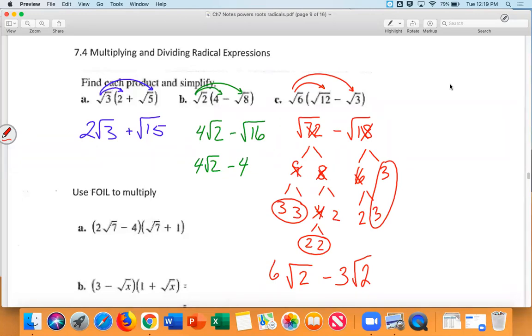Now, Jake, I have 6 root 2 minus 3 root 2. They both have root 2s, right? We were talking yesterday to treat those like roots as like a variable, correct? So if I said what's 6x minus 3x, you would say 3x. So 6 root 2 minus 3 root 2 is perfect, Jake. 3 root 2.